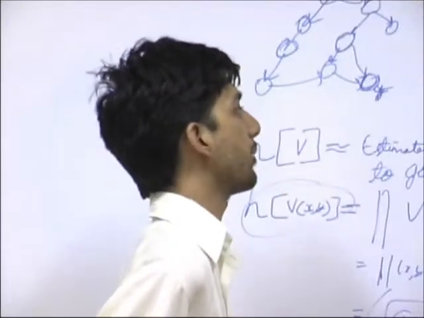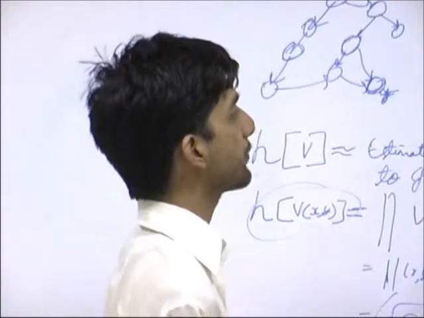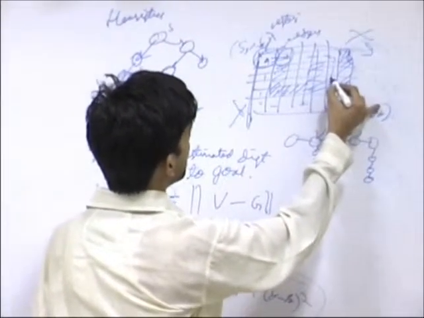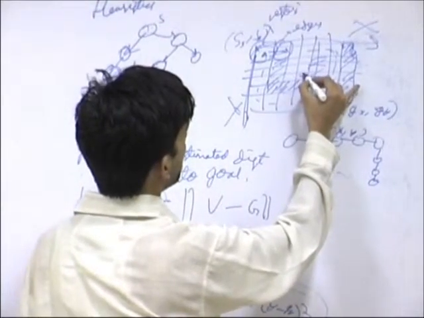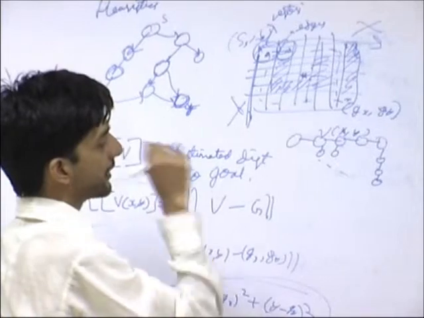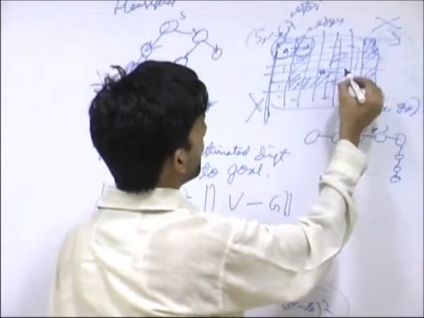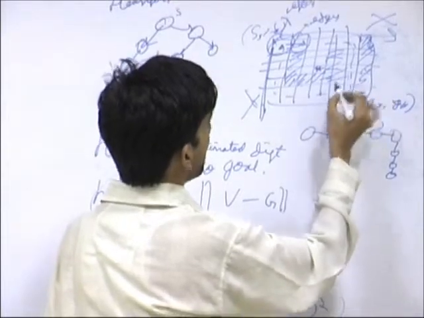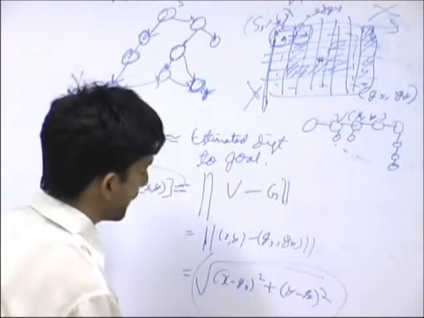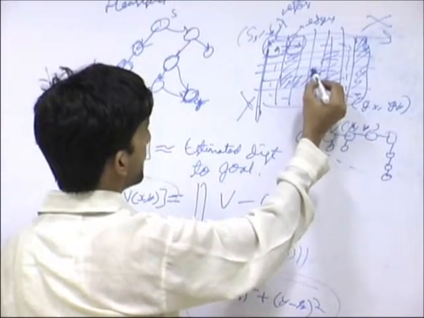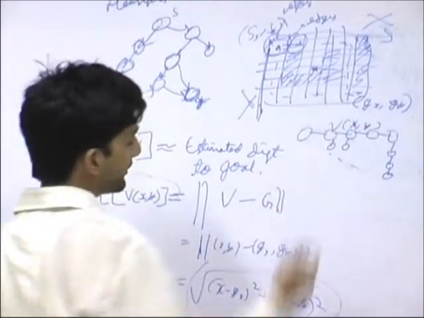Now consider the same problem. If I take a vertex over here, its heuristic distance would be, let me say 1, 2 and 3 and 1, 2 and 3. That will be 3 squared plus 3 squared, so this distance would come out to be root of 9.